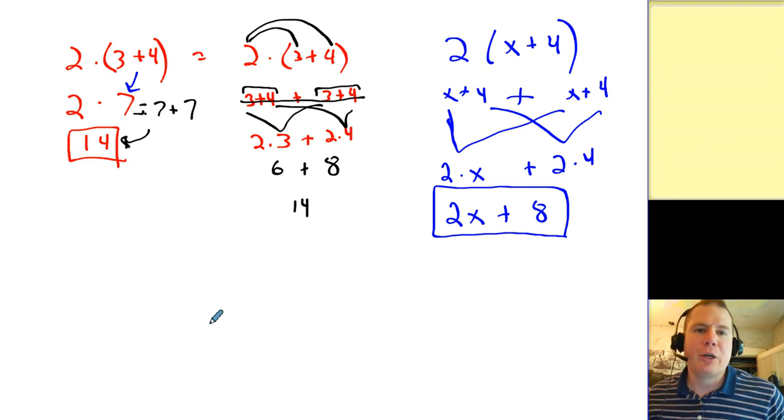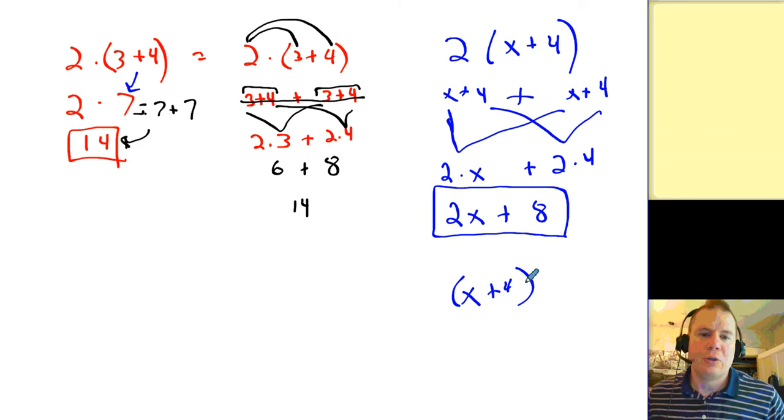Now, because multiplication is commutative, typically we put this single factor on the left, but it could have gone either way. I could have written this exact same expression using the commutative property to put x plus 4 on the left and 2 on the right. I don't technically need that dot.